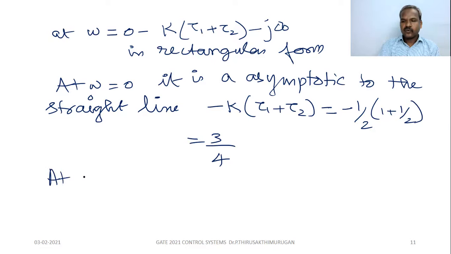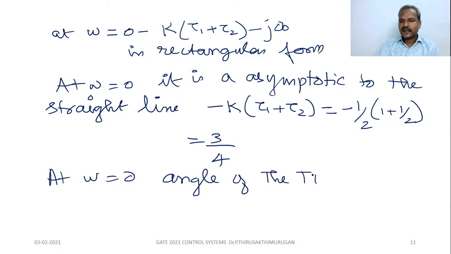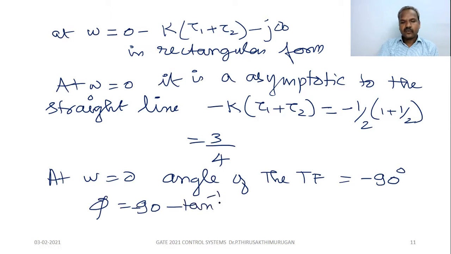At omega equal to 0, the angle of the transfer function is minus 90 degree. The phase angle is minus 90 minus tan inverse of omega minus tan inverse of 0.5 omega. So for omega 0, it is minus 90.